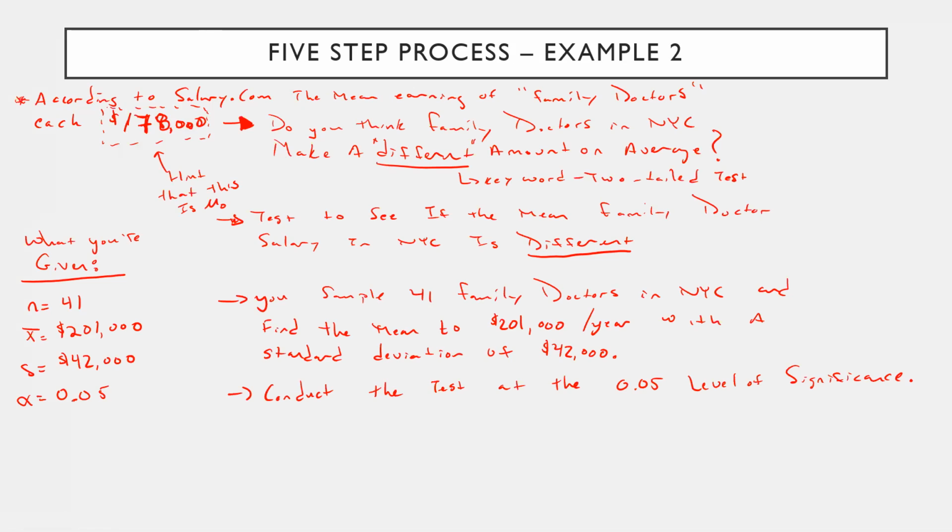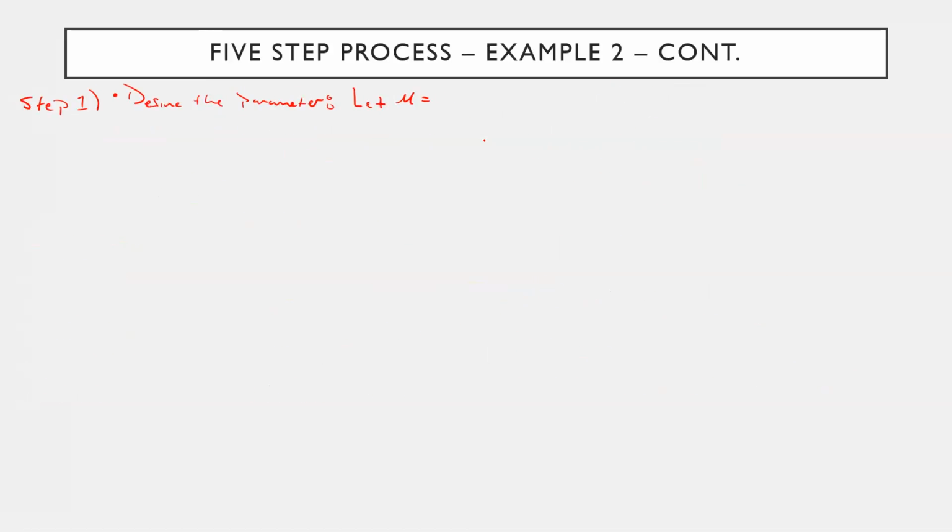In what location? The New York City doctors. That's it. We're just looking at the mean family doctor salary in New York City. So mu is going to be the mean family doctor salary in New York City.